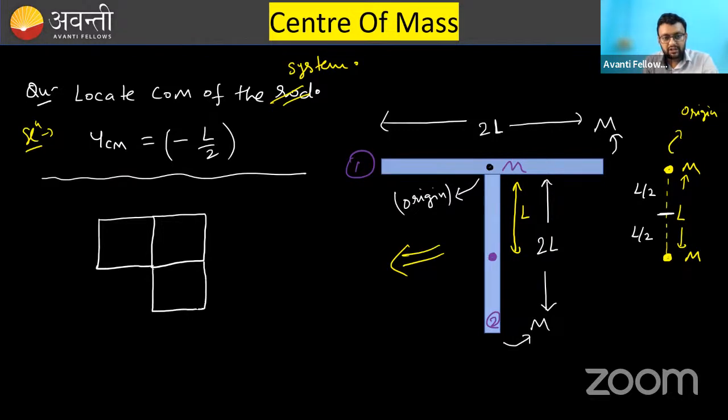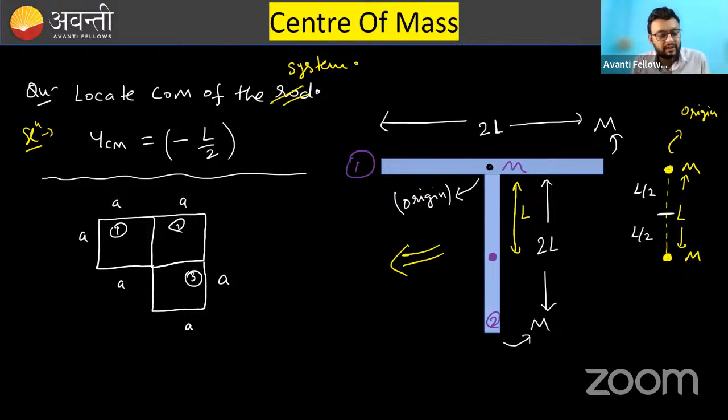So you were given 3 square plates, every side is A. And you were asked to locate the center of mass of this system. Can you see that this system can be broken into 3 parts? 1 square plate, 2 square plate, 3 square plate.